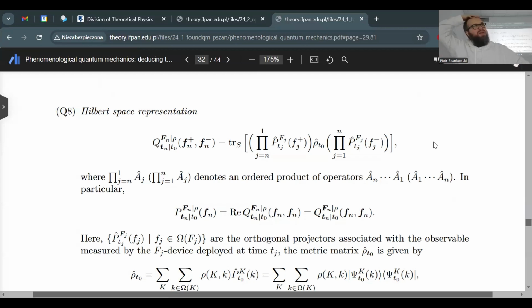Because along the way, until we got to this formula, we made some choices, right? Remember, we brought everything to the same Hilbert space, for example. We split the roles of the density matrix as a representation of the initial condition, and projection operators as a representation of the measuring devices, and stuff like that.